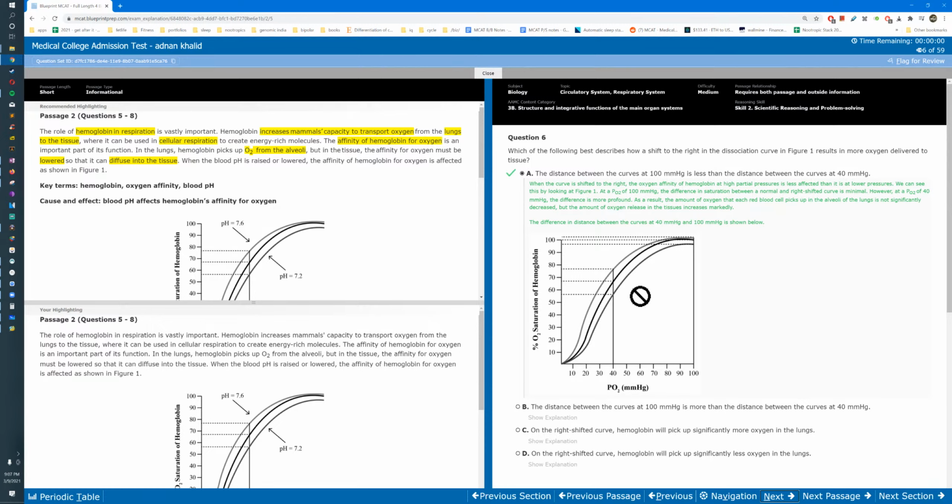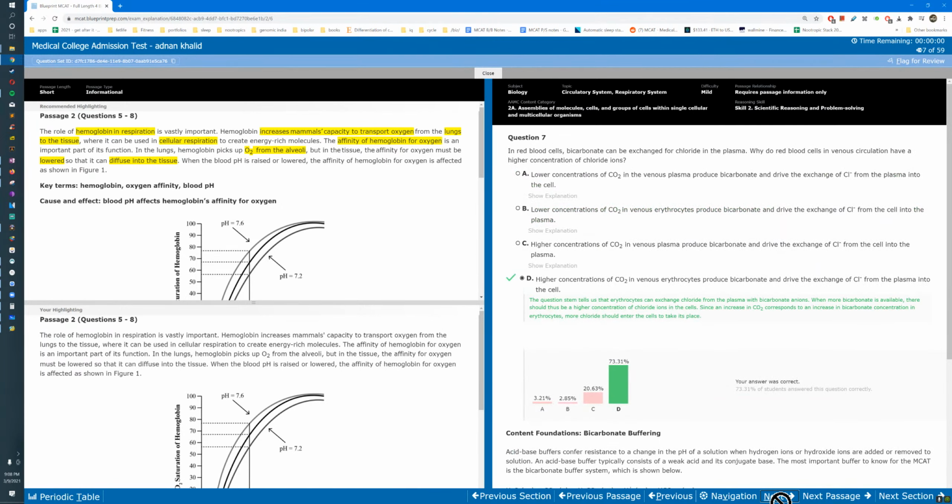As it moves to the right, it requires more partial pressure of oxygen in order for it to reach the same level of saturation for the hemoglobin. You know what? What the hell? I'm skipping this because I want to finish this fast.